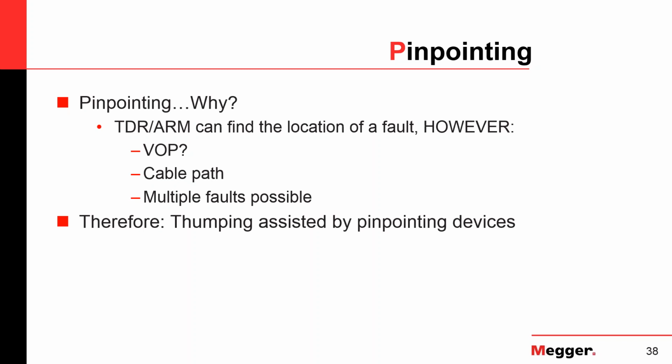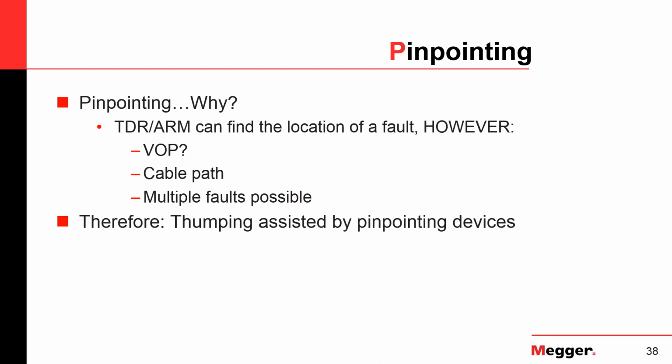The cable path is also of importance, because the TDR gives you a distance to the fault. If the cable is not following the actual path, a classic example is the crew thinks you're standing at a pad mount transformer, the cable runs down on your side of the road to the next pad mount, while in reality it crosses the street to the left, runs on the other side of the road, and comes back under the asphalt, under the pavement, back to the other pad mount.